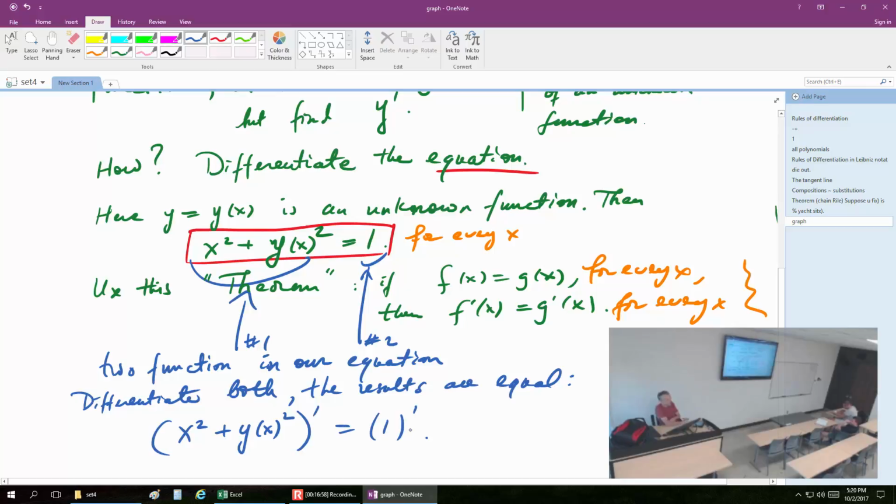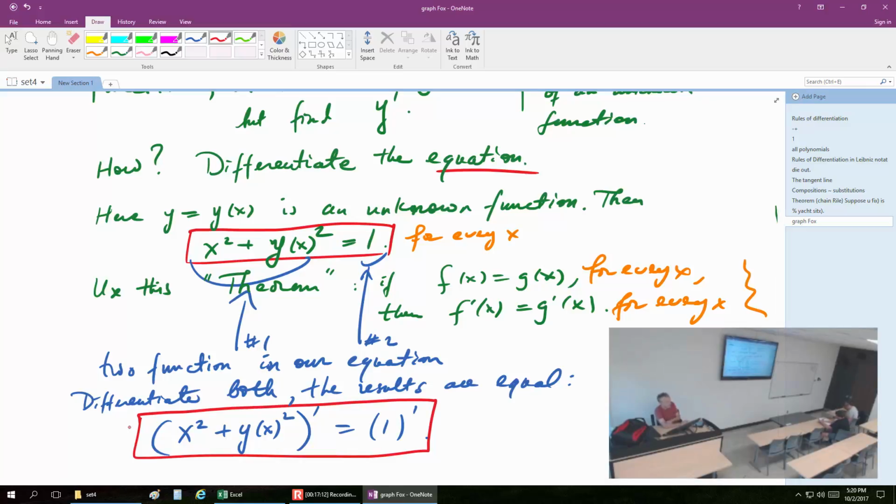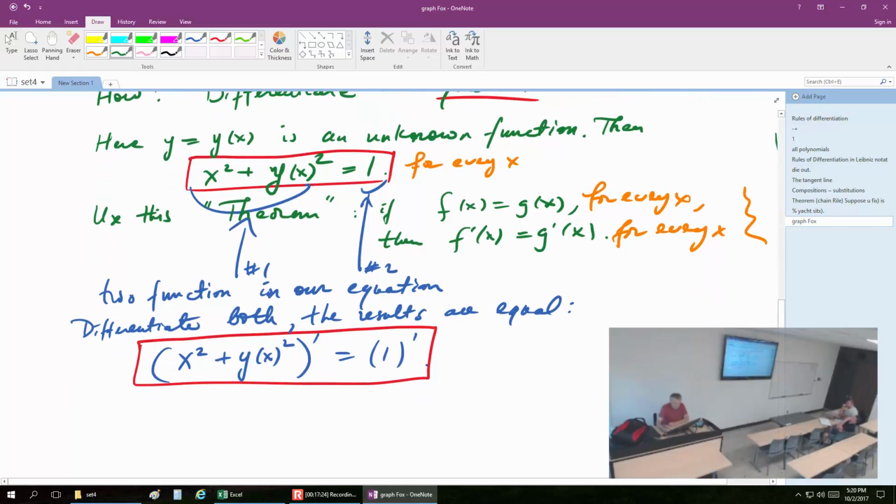Okay, you see what I did? I started with that equation in the red box, two functions equal to each other. I differentiated both of them. The results are their derivatives, and they're supposed to be equal to each other. That's all there is. The only difficulty is the fact that I have my unspecified function y there. But we'll figure it out.